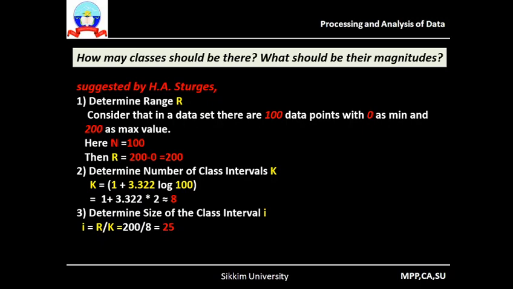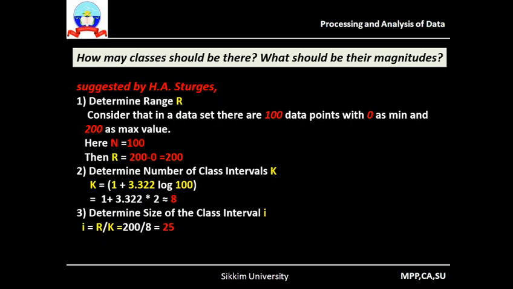Now determine the number of class intervals. K is equal to 1 plus 3.322 log n. So here n is 100 and base is 10. So it is log 10 to the power 2. So it is 2 log 10. So log 10 base 10 is 1. So 2 into 1 is 2.